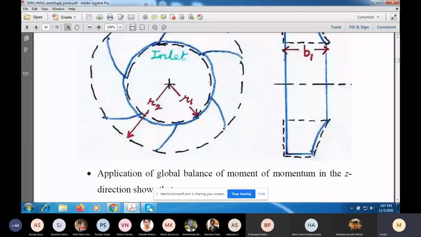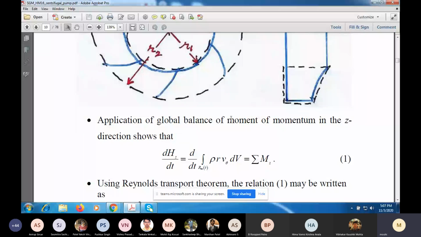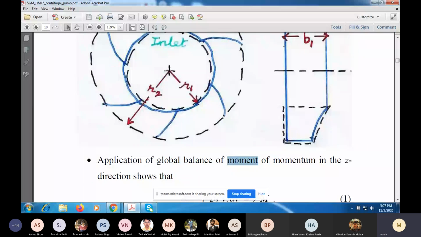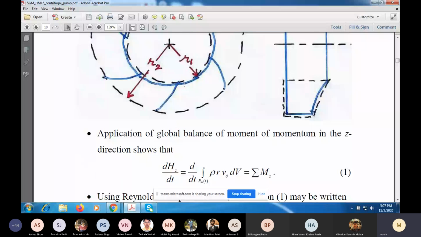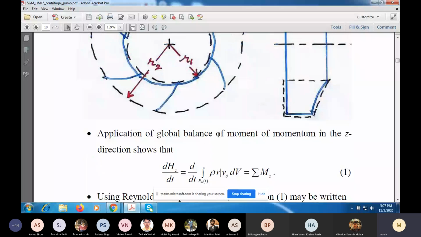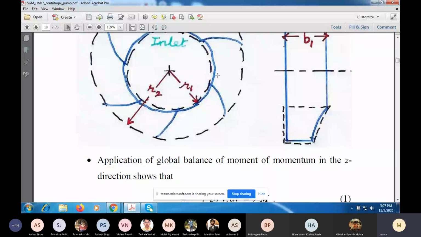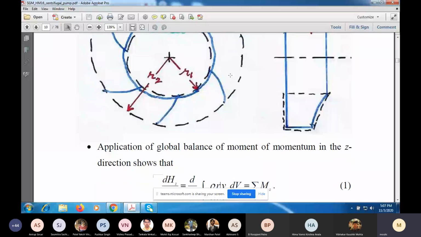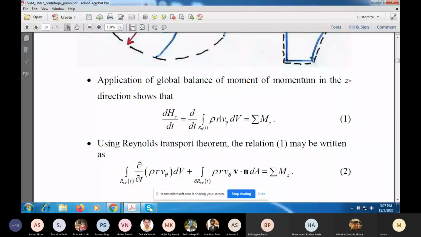So if I apply global balance of angular momentum about this center point, and of course angular momentum is a vector, so we look at its component in the z direction. Then it is given by d/dt of this integral, where you're looking at the radius from the center, from this plus sign to a point somewhere here, multiplied by the v theta component.